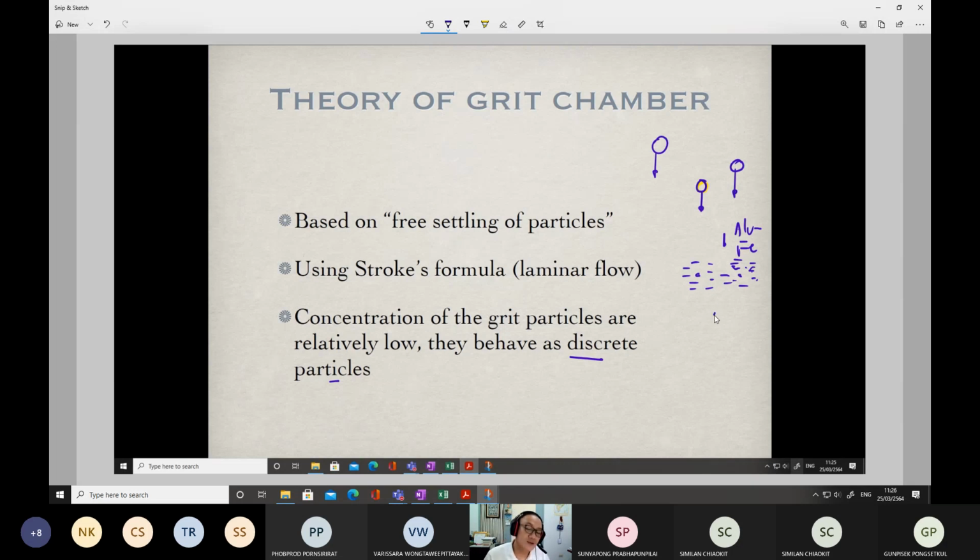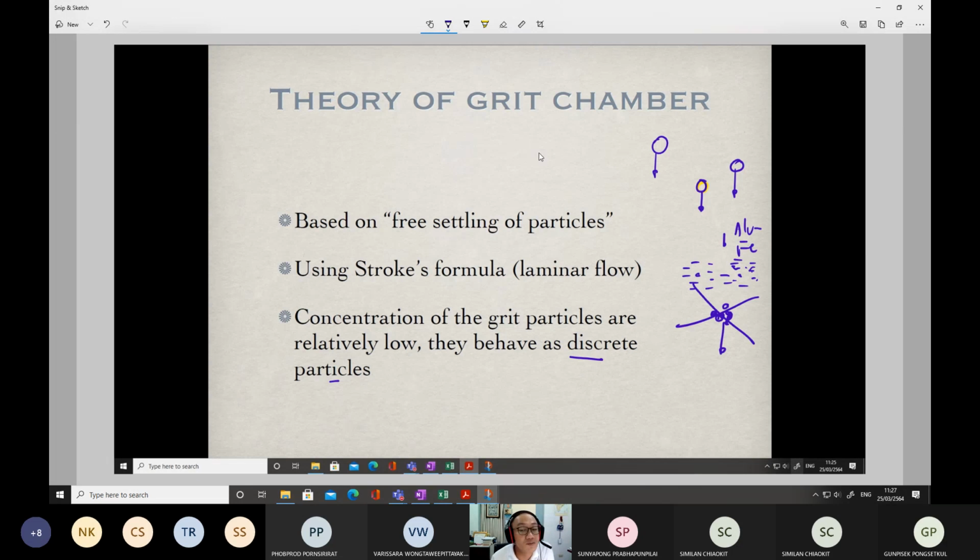And once they are neutralized, these particles can actually get closer and become heavier, and finally they can precipitate or settle to the bottom of the sedimentation tank. So this is a kind of particle settling to the bottom of the chamber, but these are not discrete particles.